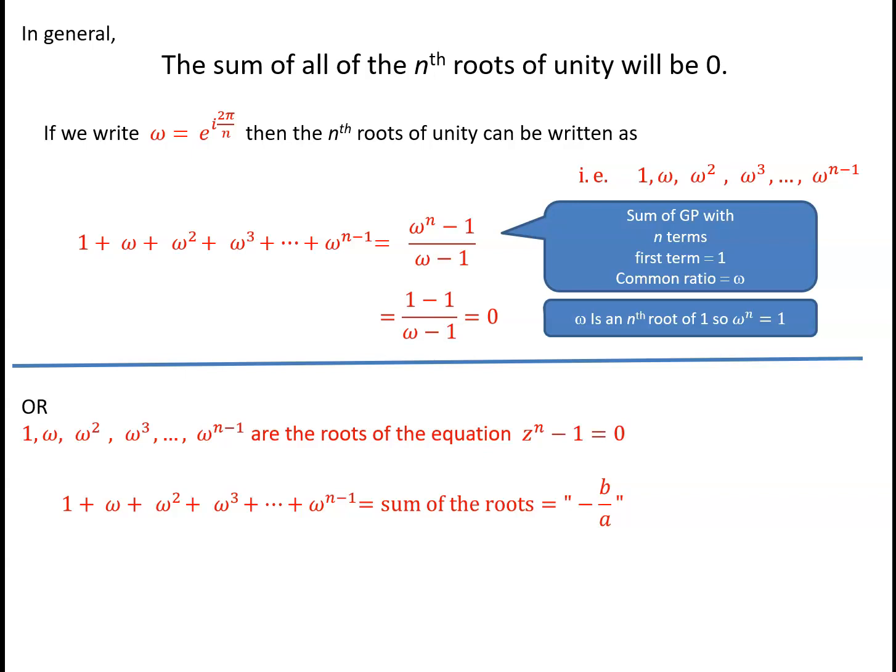In this case, the coefficient of z to the n minus 1 is 0. The coefficient of z to the n is 1. So what we've got is the sum of the roots must be negative 0 over 1, which is 0.